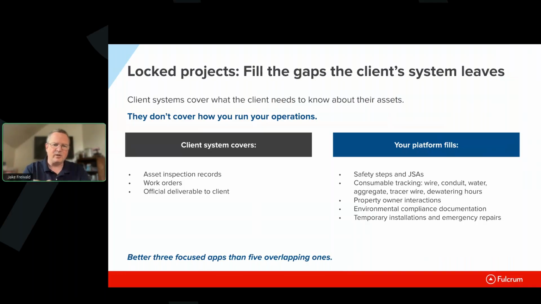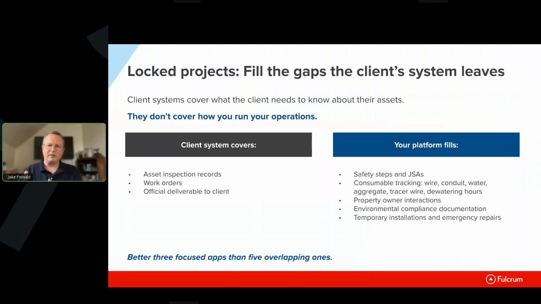And it's far better for you to have 3 focused apps where there's a lot of coverage inside Fulcrum, and then you're using the stuff that you're required to use by the client. It's better to have 3 focused apps in that sense than 5 overlapping ones, or 7 overlapping ones, or 2 overlap, two that you use for the client, and then a spreadsheet, or worse yet, a clipboard.